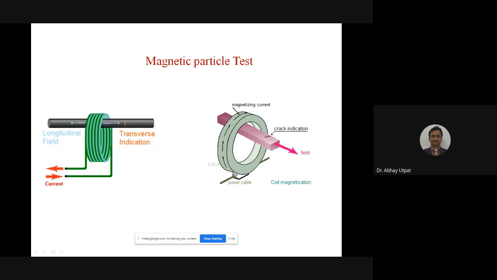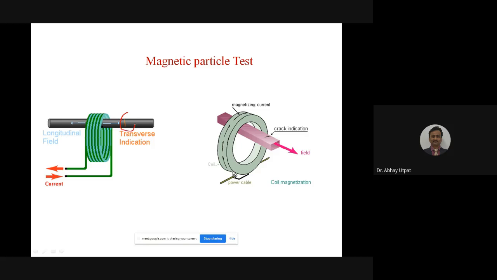See here, this is the left hand side figure where the current is in the coil, which means showing fingers. Then the magnetic field will be in the direction of the thumb. If you see, two cracks are shown here. I will use this pen for identifying.